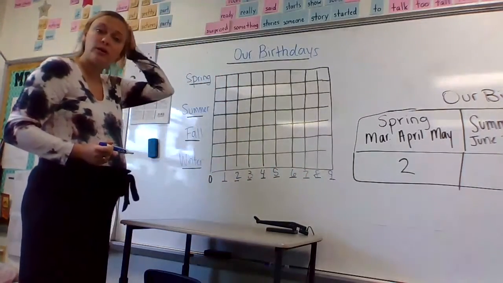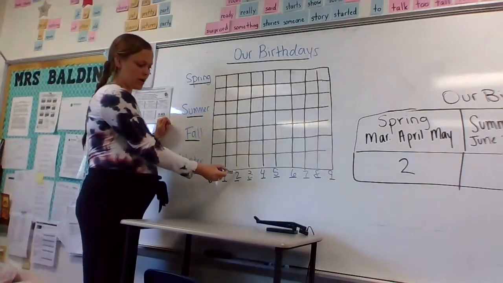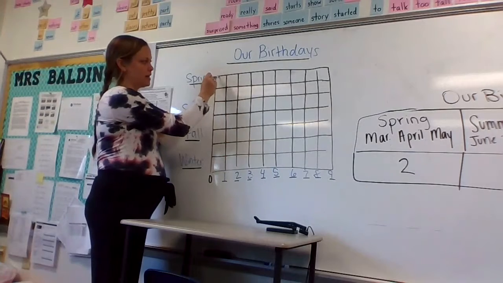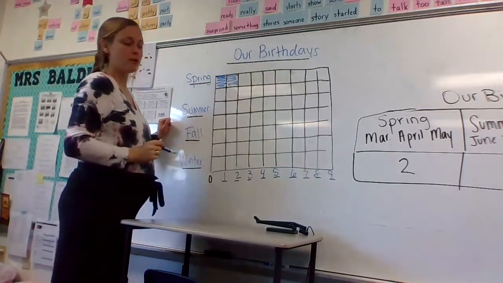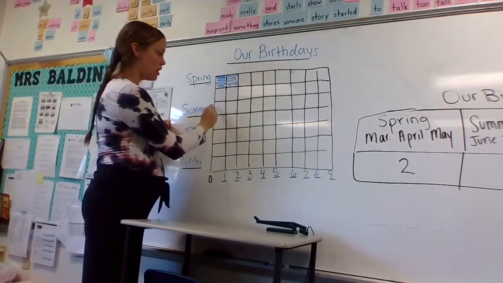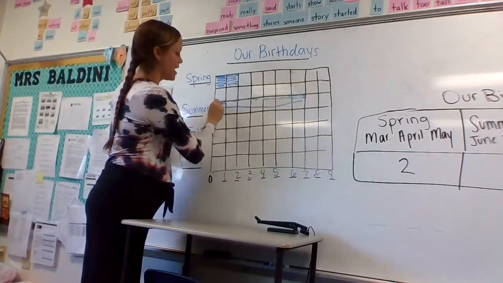And now we're ready to record our data. So we had 2 spring birthdays. So I'm going to go down here to 2, and I know I need to fill in 2 of these boxes. For summer, we had 7, so we're going to have to go all the way to 7 and fill all that in.